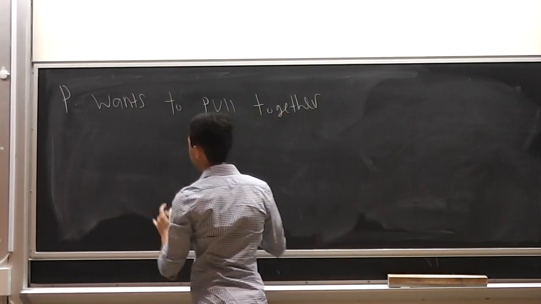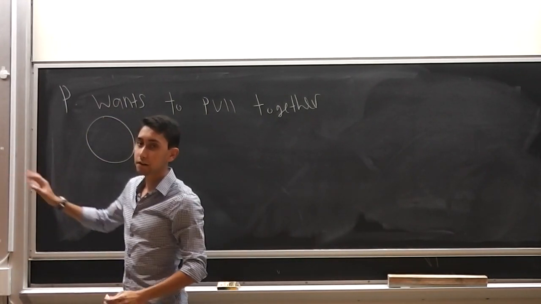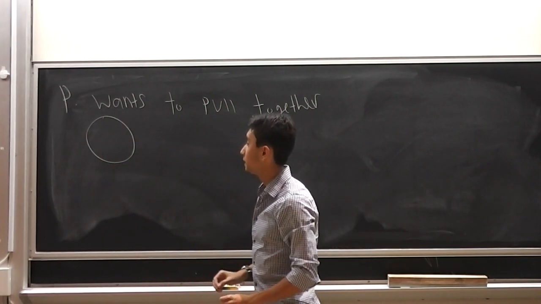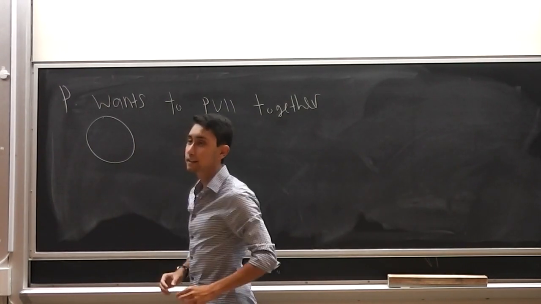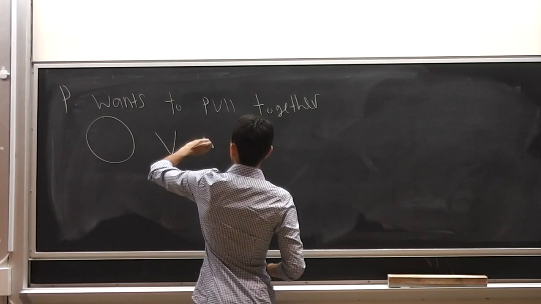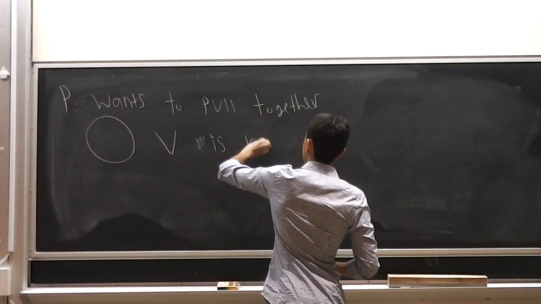The perimeter wants to pull it into a tight ball, because if V weren't there, the minimal energy configuration would be a ball or a disk. But now we have this non-local energy that wants to push it apart to decrease the energy. We say that V is repulsive.